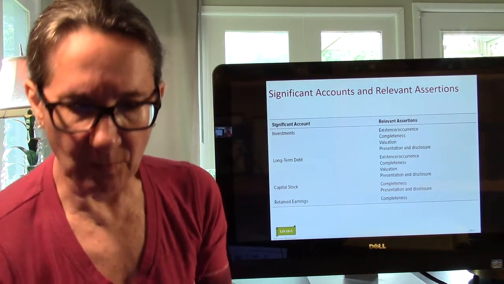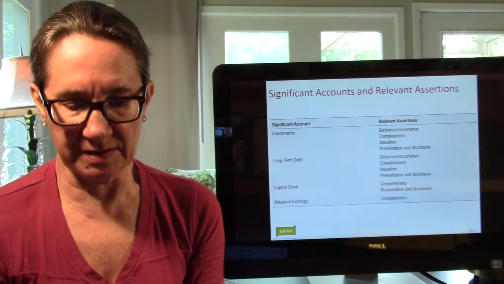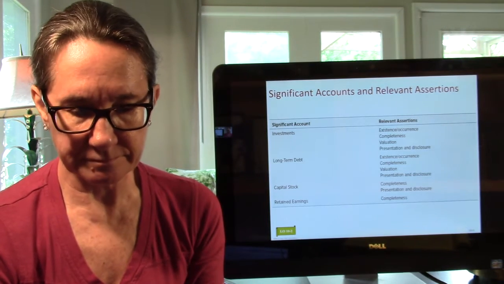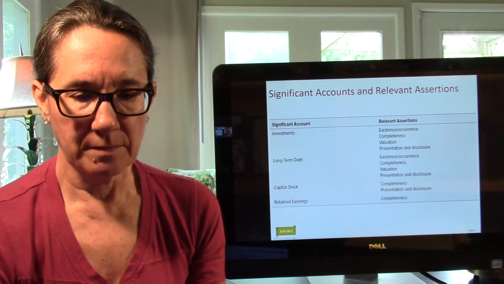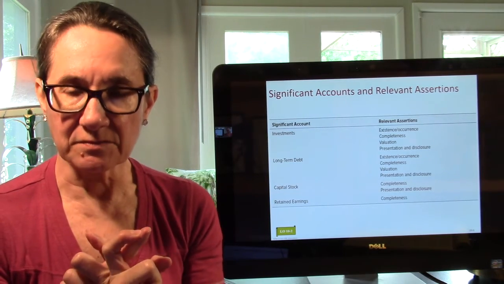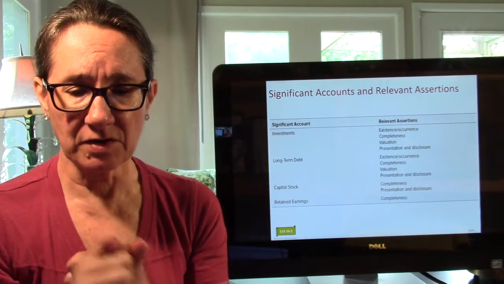All right, so what are the important accounts we need to think about in this cycle? Well, the important accounts are investments, right? These can be super high dollar accounts, right?